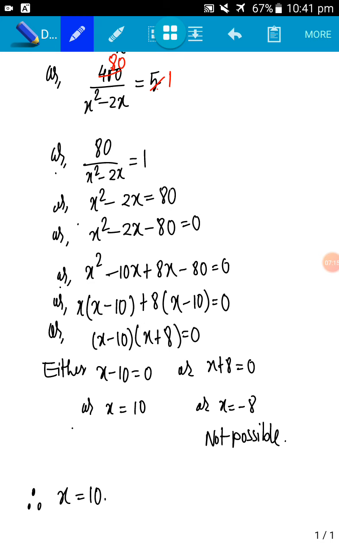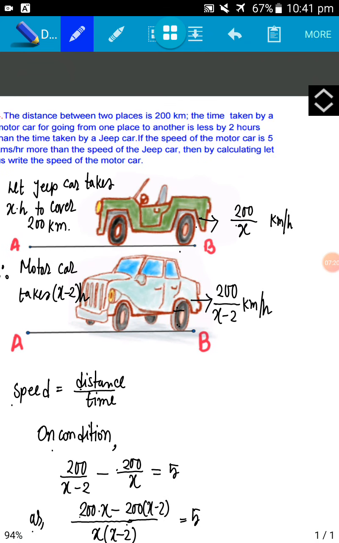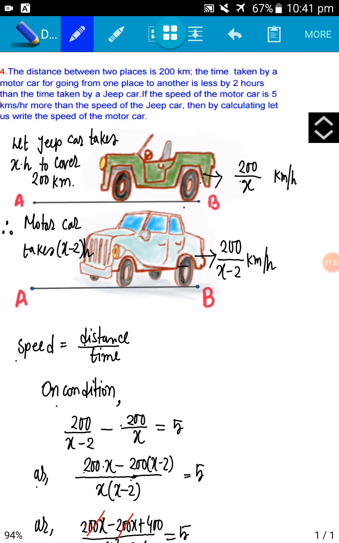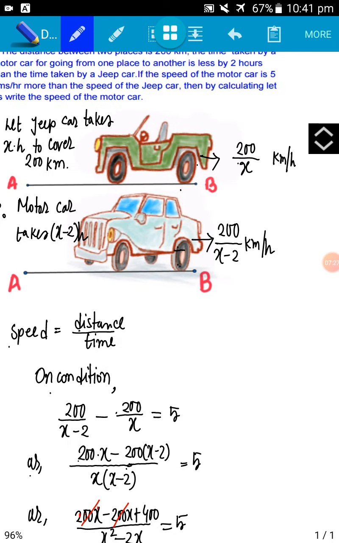Now what we have to find is the speed of the motor car. Here the speed of the motor car we have already got as 200 by x minus 2 kilometers per hour.